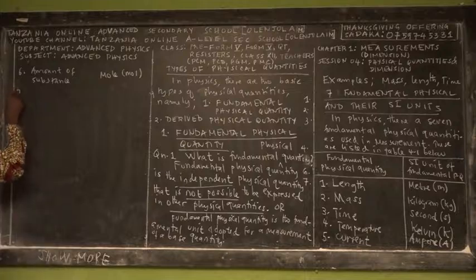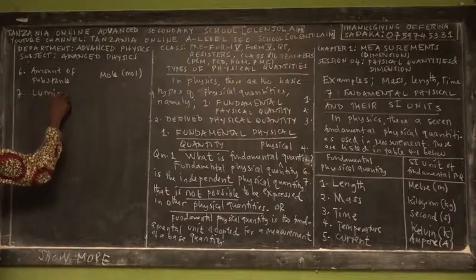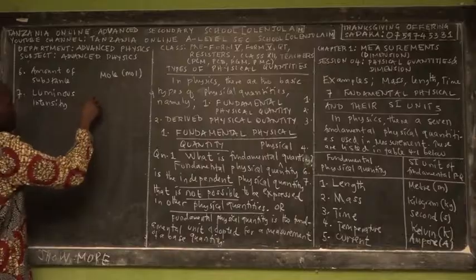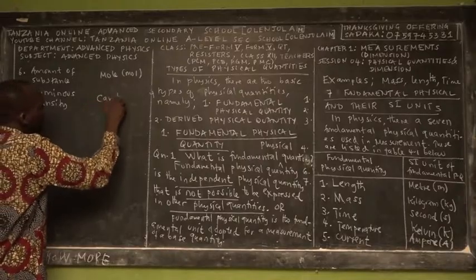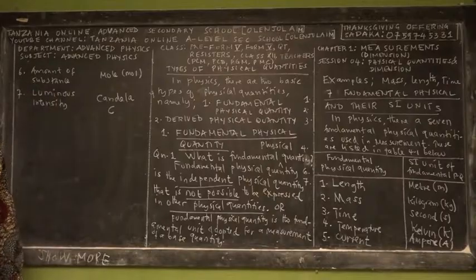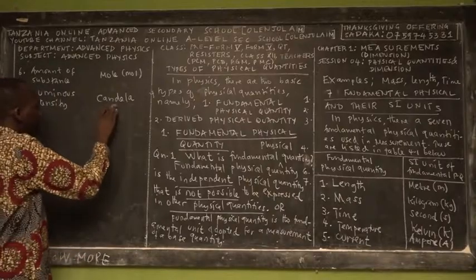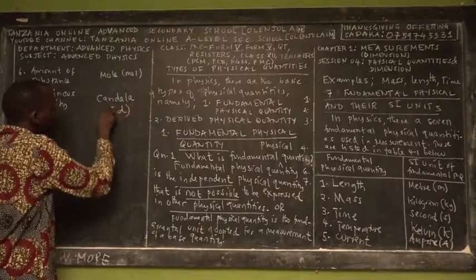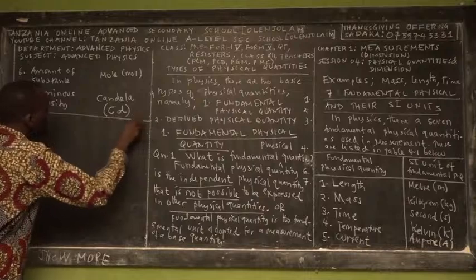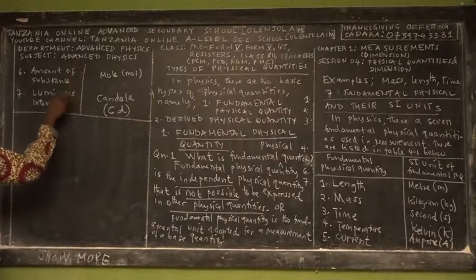The last fundamental physical quantity is luminous intensity, and its SI unit is the candela, with symbol lowercase cd. So this is table 4.1.